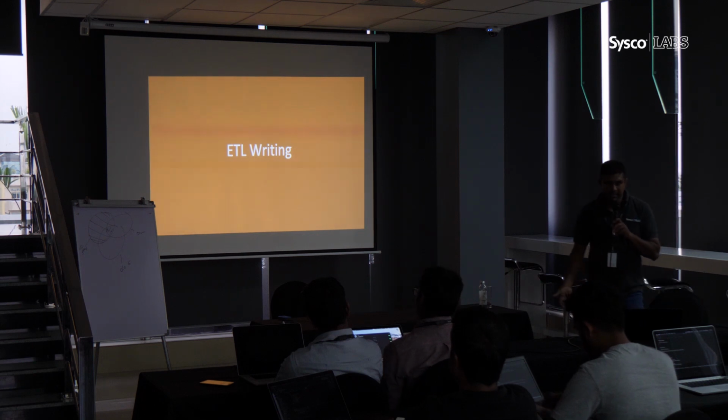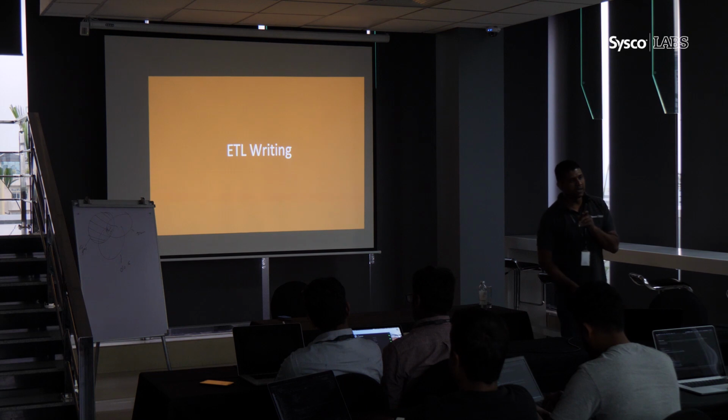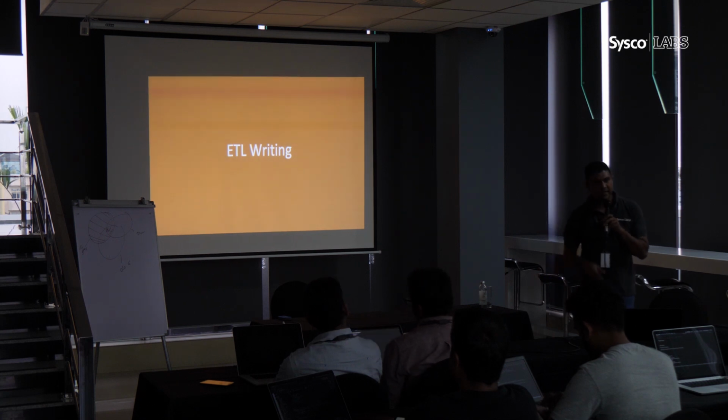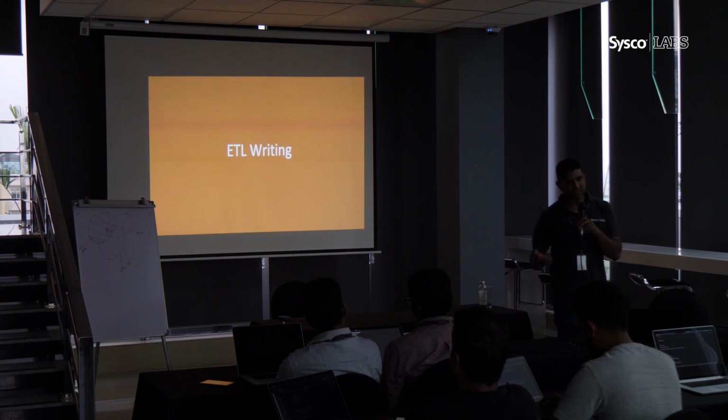I don't think we can complete this example, but at least let's try to cover the concepts and the thought process as much as possible, so that you can try it out. I'm not going to teach any ETL development tool or technology. I just want to give you a way to think in terms of ETL.